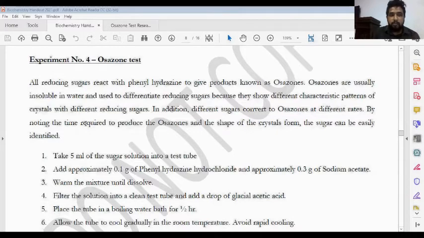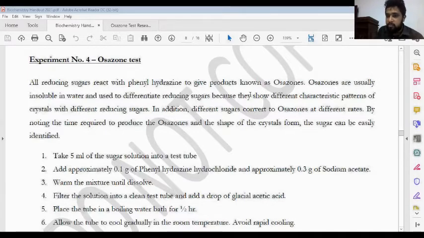By noting the time required to produce the osazones and the shape of the crystals formed, the sugar can be identified. We use three features to identify the type of reducing sugar: the time taken to form osazones, the characteristic crystalline appearance, and the melting point.